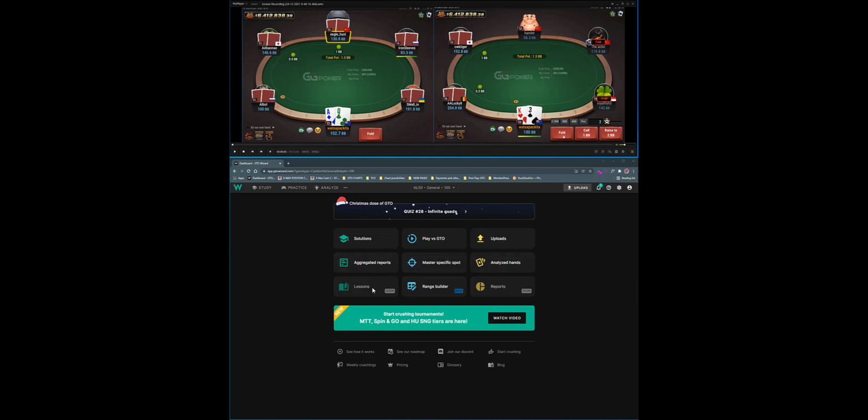Range builders, there's aggregated reports, and so on and so forth. I do not know it all at the moment, so I'm just going to have a look at solutions and a couple of spots and give you a general idea of what it can do in analyzing your hands and giving you a good idea of how you should be playing.